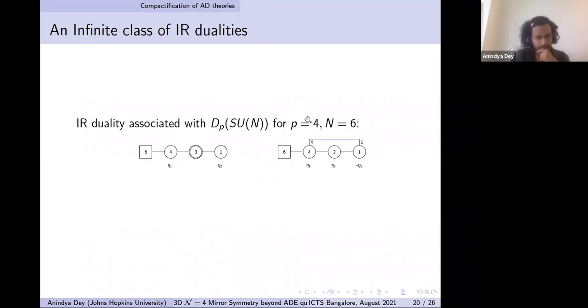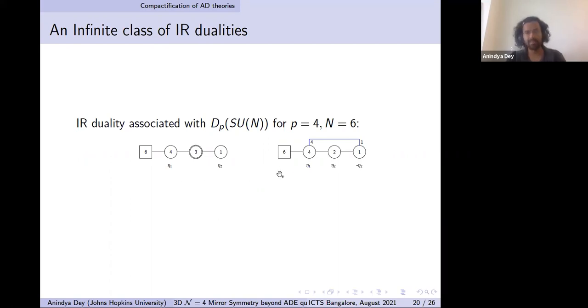Now, an IR duality associated with a dp-SUN is of this form. On the left-hand side, we have a quiver, which is of the type proposed by Close and friends, and the right-hand side is the Lagrangian that we just discussed.